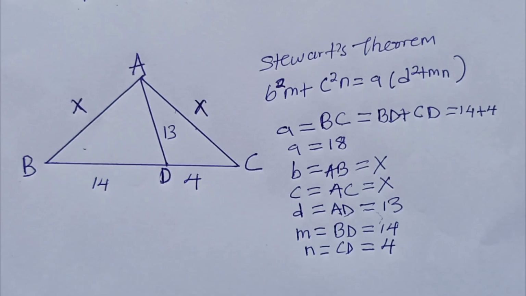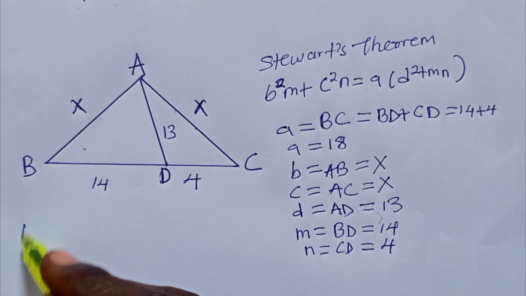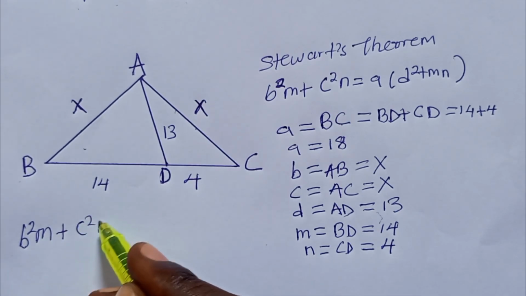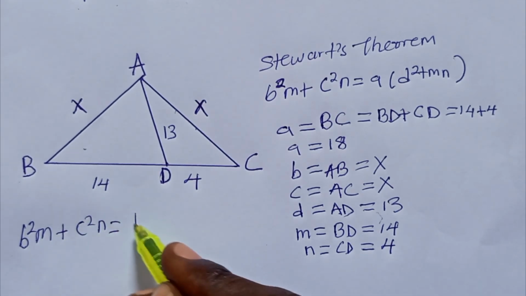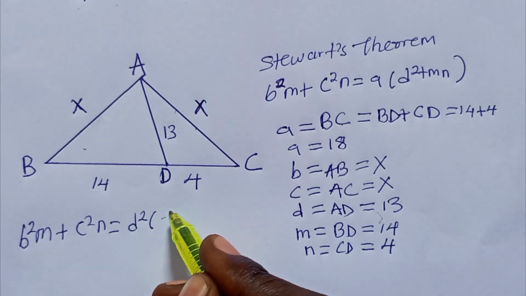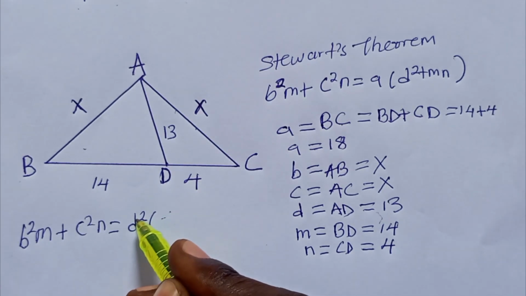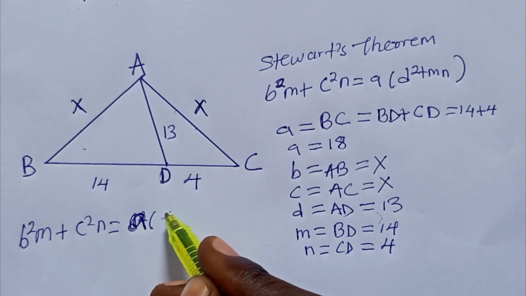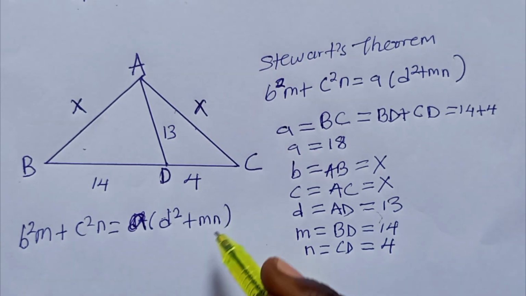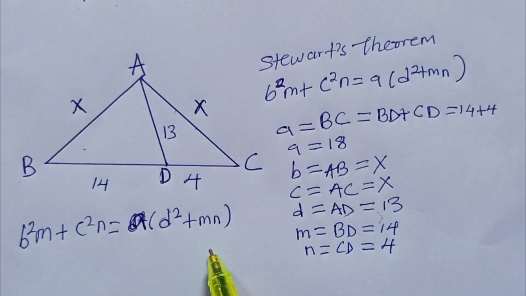So let's write down our Stewart's formula so that we can solve. b squared m plus c squared n equals a into the bracket of d squared plus mn. So let's substitute what we have.